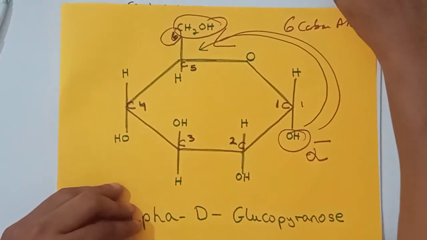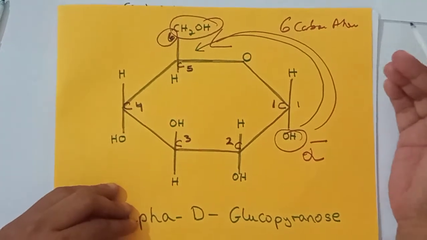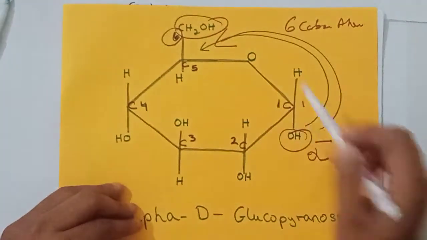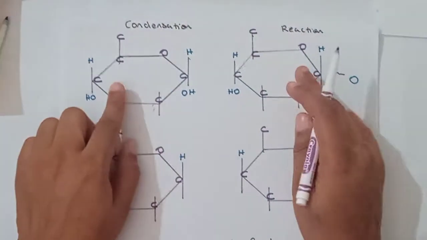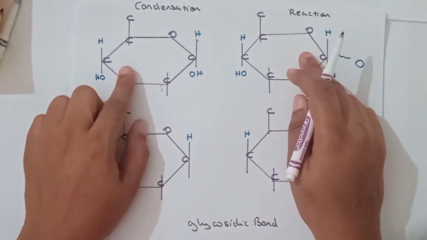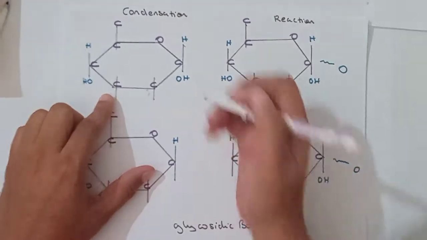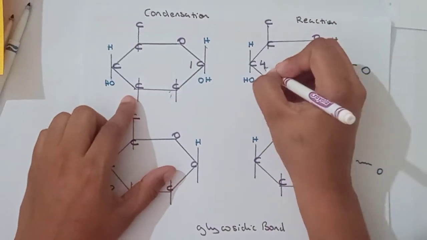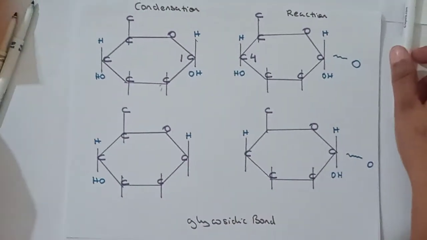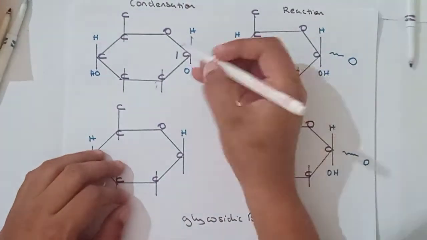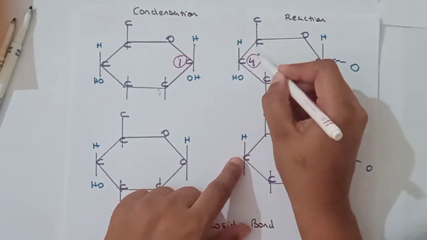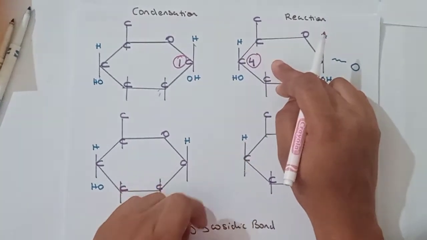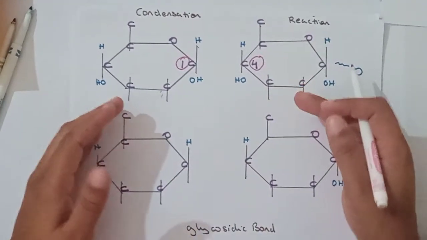So now, how are the linkages formed? It is formed when this glucose molecule and another glucose molecule form a bond with each other. They are linked together by an alpha 1 to 4 glycosidic bond, because carbon number 1 of one glucose and carbon number 4 of another glucose are involved in the linkage process.